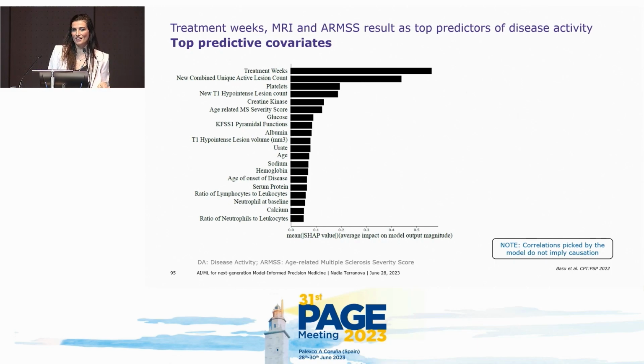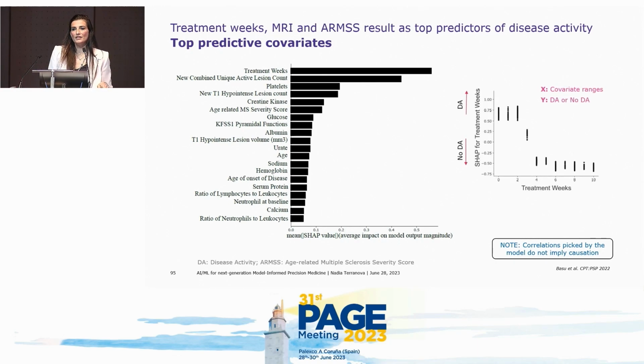But something very nice for us is that SHAP can also provide the dependence plot, where you can see the exact shape of the relationship, which is something we are very used to, right? We want to know the direction of the influence of our covariate.